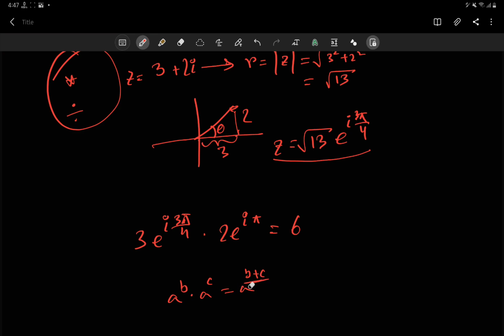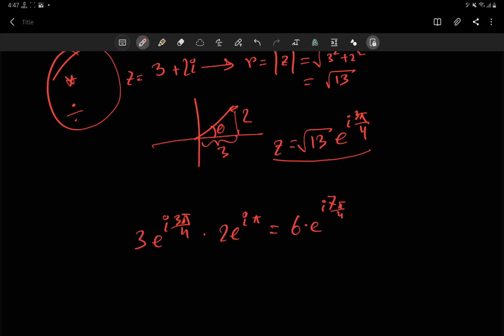So if you add these things here, e to the power i times 3 pi by 4 plus pi, this is 7 pi by 4. So this is your multiplication.